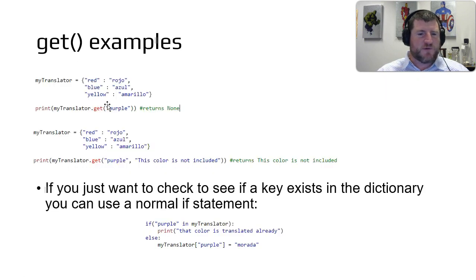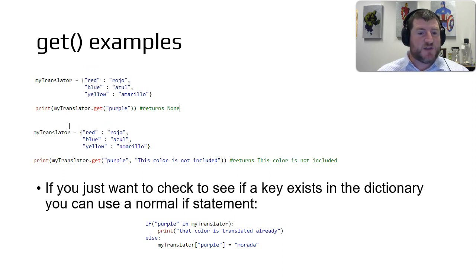So here's some examples of the get function. So I made a translator. Red is the English, rojo is the Spanish, blue is the English, azul is the Spanish, whatever. And forgive my pronunciation, but that's kind of the concept of it. Now, if I'm trying to print my translator dot get purple, this is going to return none because purple does not exist.